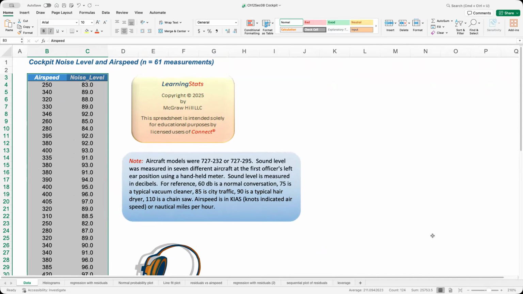So all of these aircraft are 727s. Sound levels were measured in 7 different aircraft at the first officer's left ear using a handheld device. For reference, 50 decibels is normal conversation, 75 is a vacuum cleaner, 85 is city traffic, 90 is a hairdryer, 110 is a chainsaw. I don't want to be standing next to a chainsaw without ear protection.